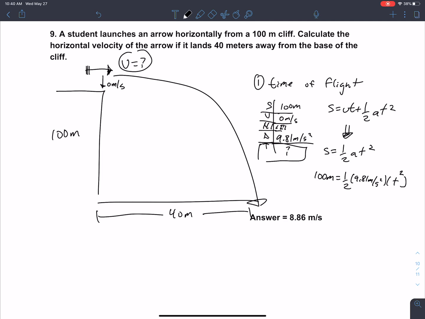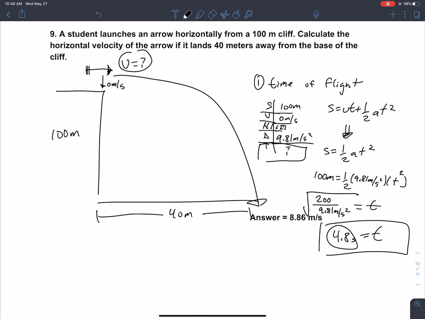Now to solve for t, it's going to be the square root of 200 divided by 9.81. Whatever that's going to be, 200 divided by 10 is like the square root of 20, which is somewhere around 4.8 seconds. I might be off, but it's something like that, 4 point something seconds. I'm not using my calculator.